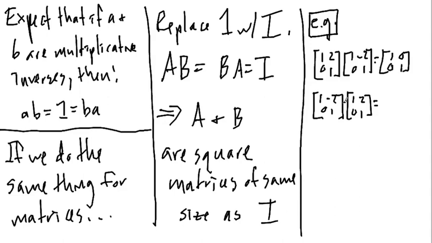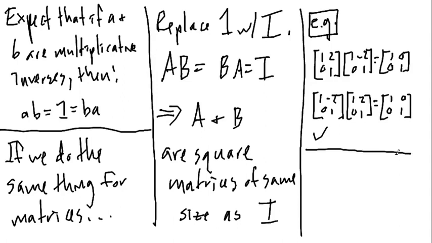The first row, first column gives me 1 times 1 plus -2 times 0, that is 1. The first row, second column gives me 1 times 2 minus 2 times 1, that gives me 0. The second row times the first column gives me 0 times 1 plus 1 times 0, that's also 0. And the last one gives me 0 times 2 plus 1 times 1, which is just 1. Okay, so that checks out.